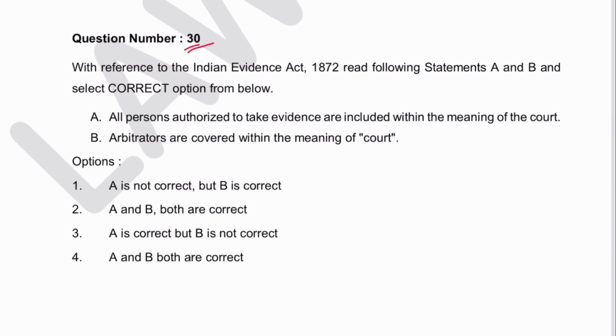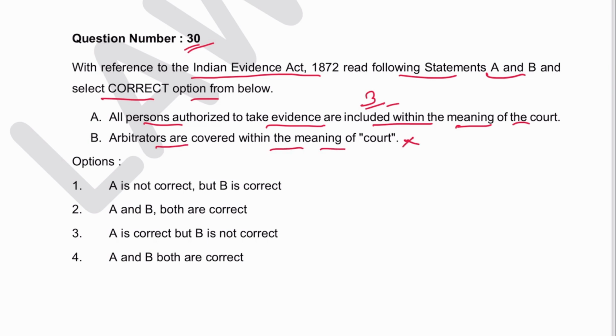Next is 30. With reference to the Indian Evidence Act, read the following statements A and B and select the correct option. All persons authorized to take evidence are included within the meaning of the court. This is correct, mentioned in interpretation section 3 of the Indian Evidence Act. Arbitrators are covered within the meaning of court.